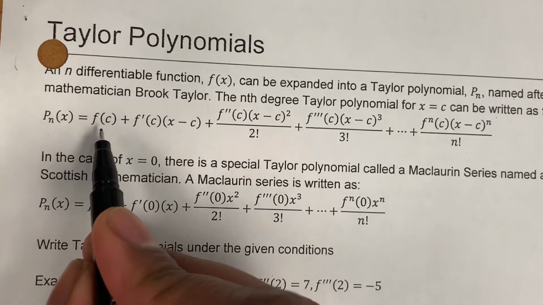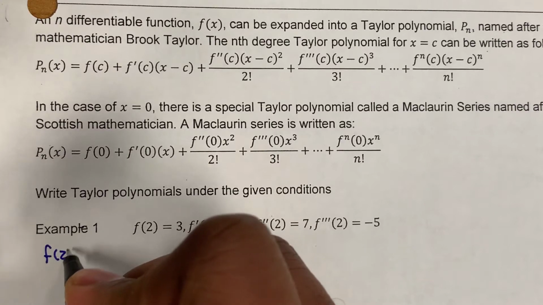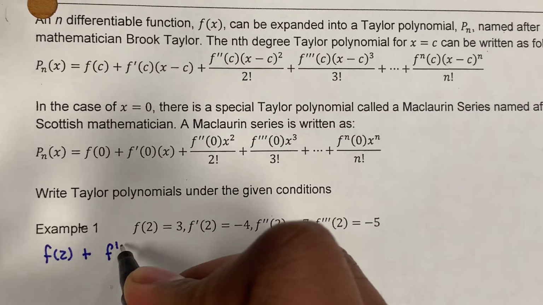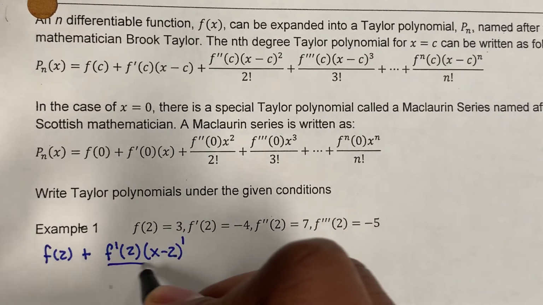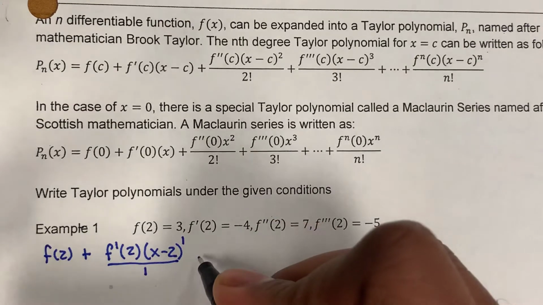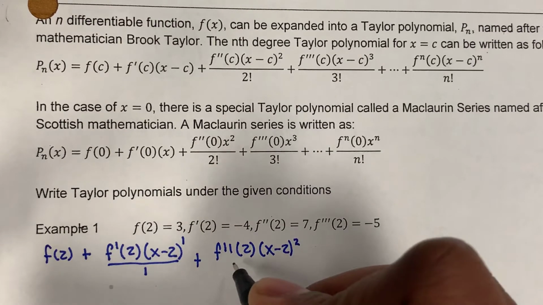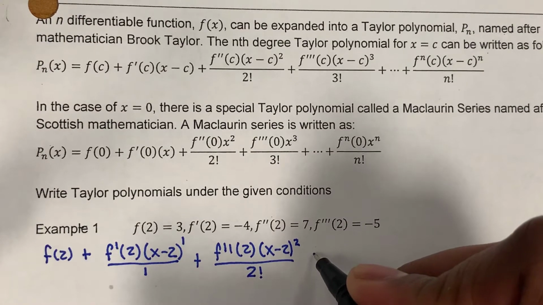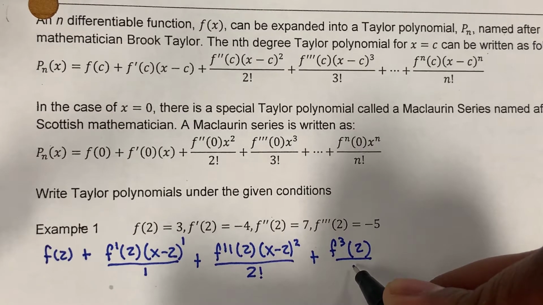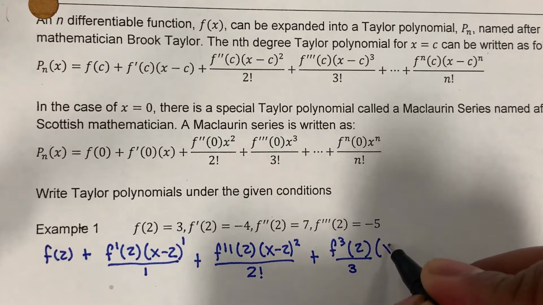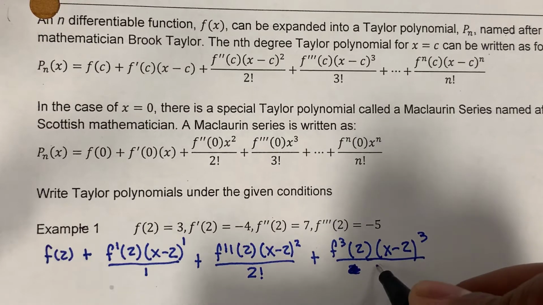So according to this formula for our Taylor polynomial, we're going to have f of 2 plus f prime of 2 times x minus 2 to the first over 1, plus the second derivative evaluated at 2 times x minus 2 squared over 2 factorial, plus the third derivative evaluated at 2 times x minus 2 to the third power divided by 3 factorial.